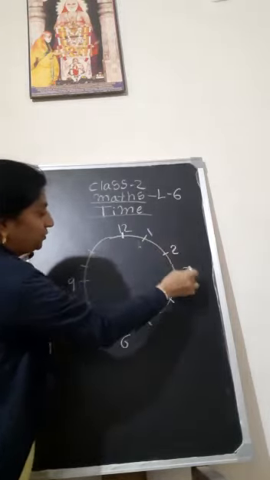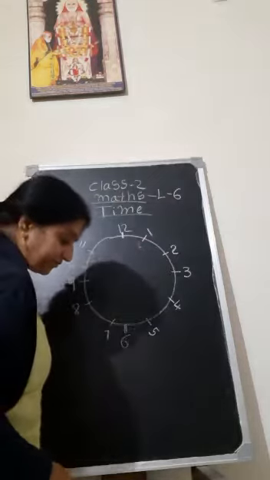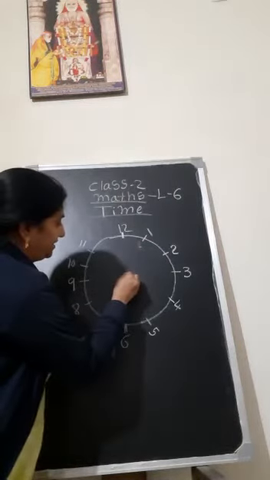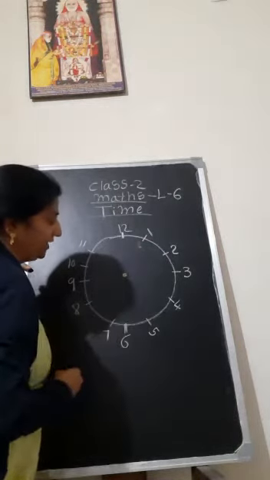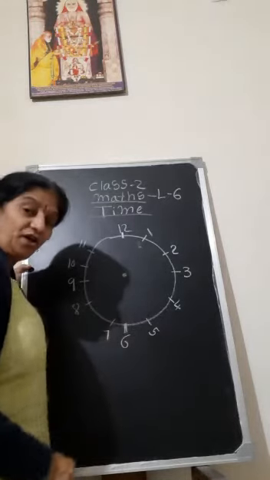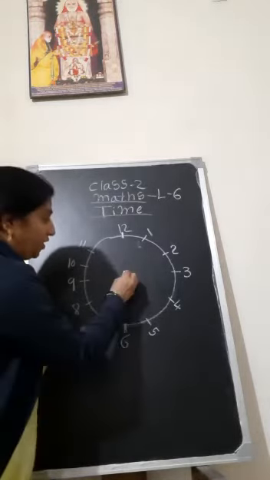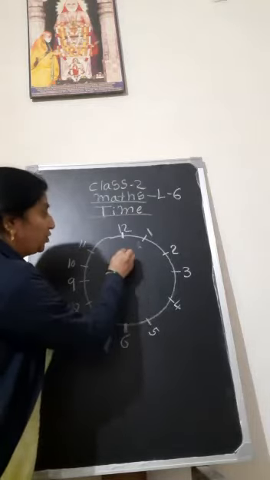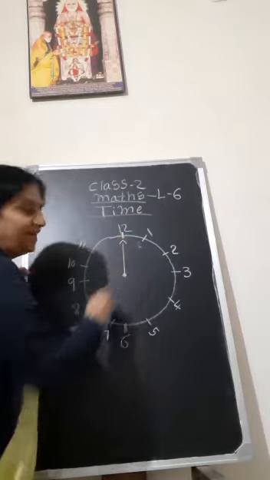Just as we have 2 hands, our clock also has 2 hands. One is the long hand and one is the small hand. This is the center point. What does that long hand do? The long hand shows the minute.